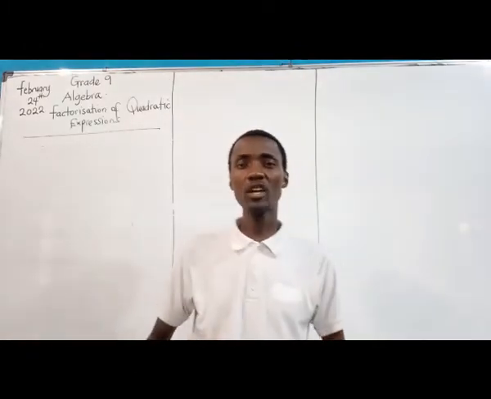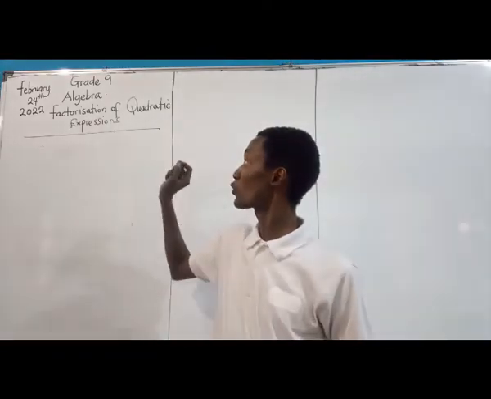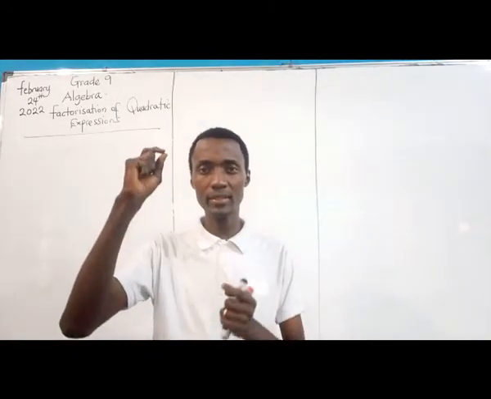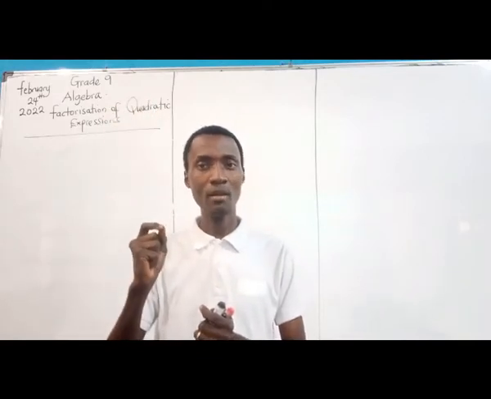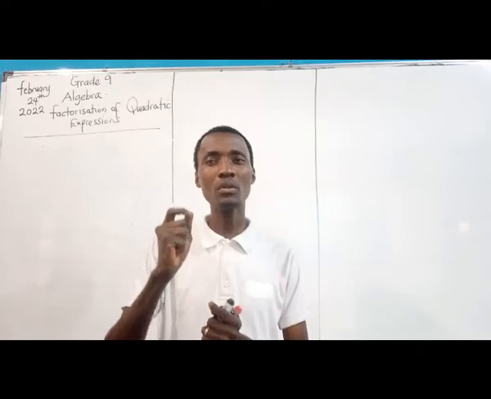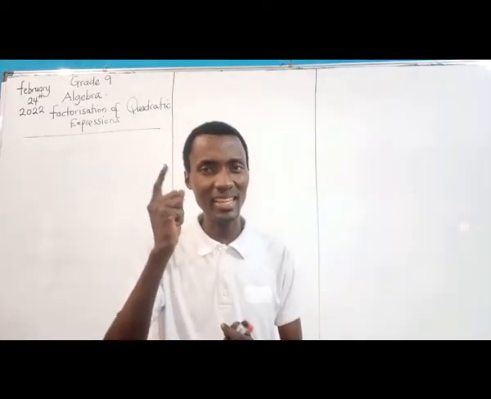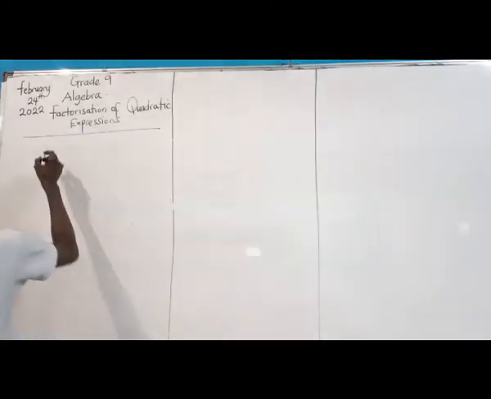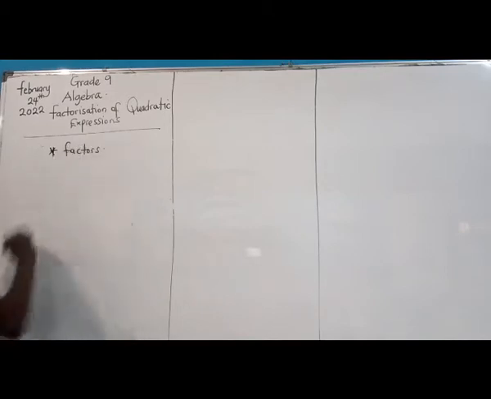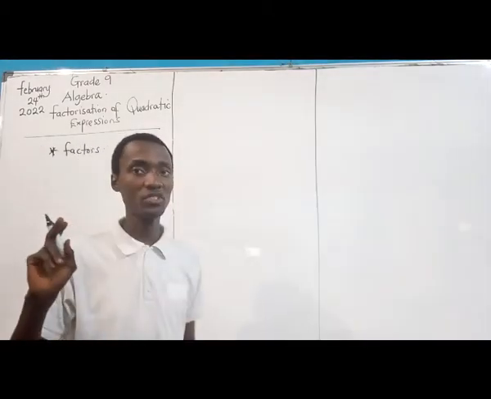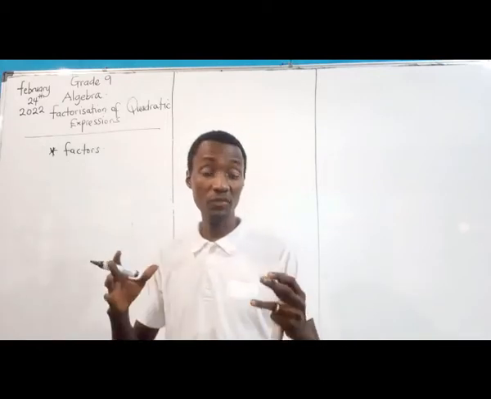Okay, so we just tried to introduce the concept of factorization of quadratic expressions by trying to connect the binomial to the quadratic. Now, to handle factorization of quadratic expressions, you need certain ideas. Number one, you need to draw from your knowledge of factors. You were taught factors in your JSS 1 and it was heavy in your JSS 2.